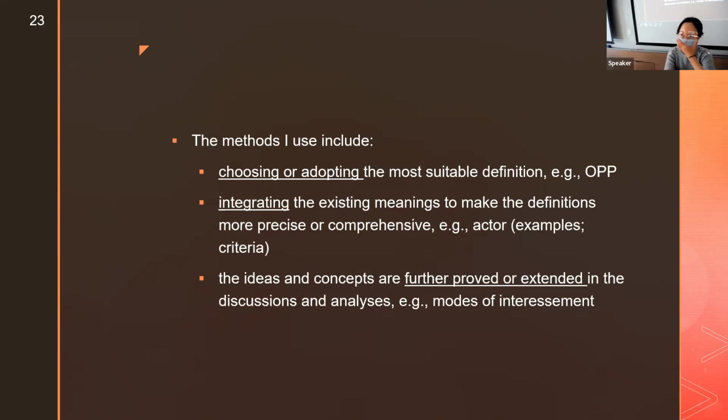For example, actor. I developed the concept of actor based on many examples given by ANT researchers, and also proposed criteria to separate actors from people, entities, or elements that took part in translation.